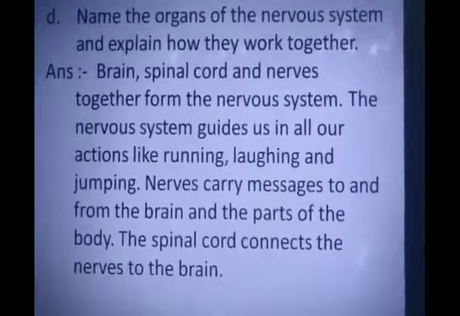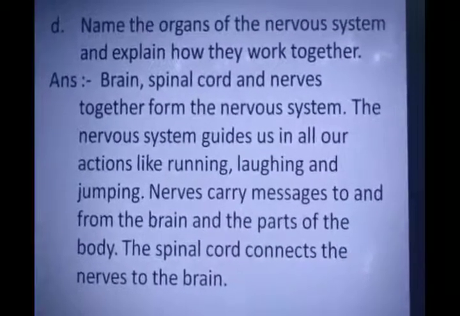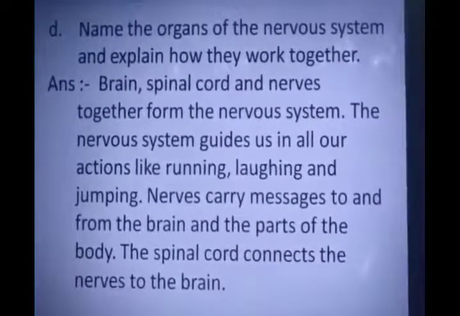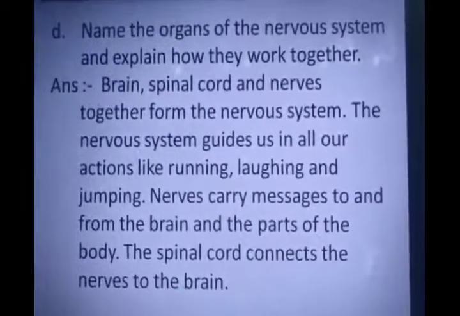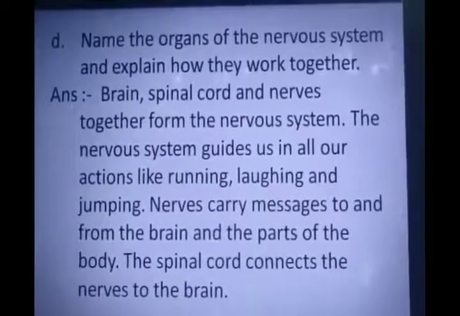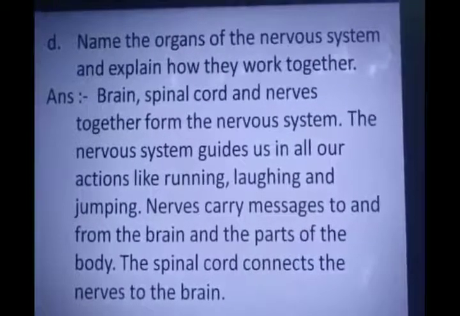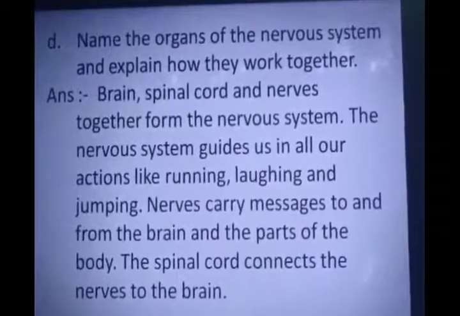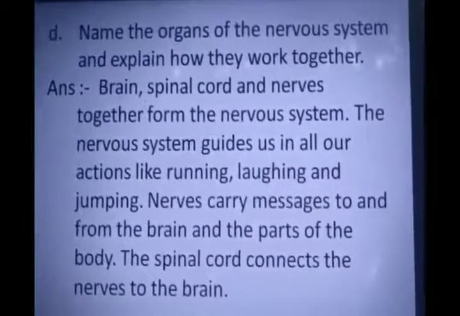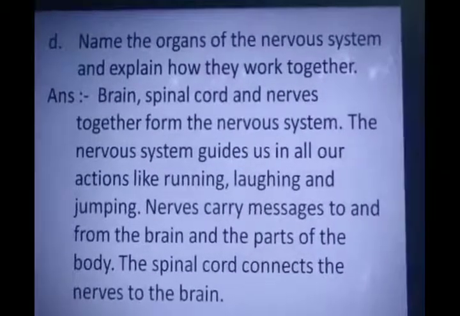So here is our answer 6d. Brain, spinal cord and nerves together form the nervous system. The nervous system guides us in all our actions like running, laughing and jumping. Now how do they work together?